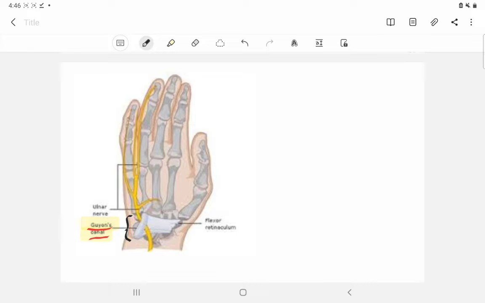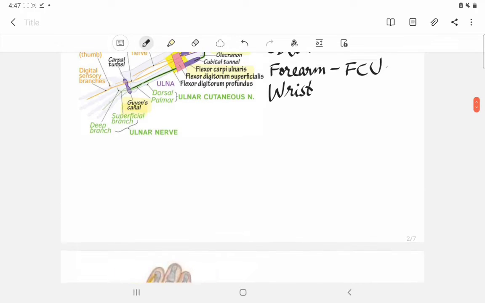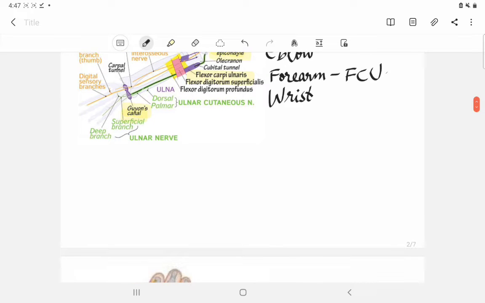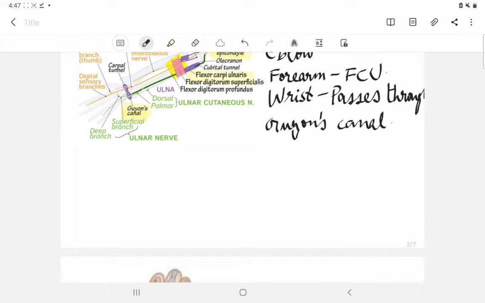In the wrist area, the ulnar nerve passes through the Guyon's canal before supplying the muscles of the hand. That's the most important relation in the wrist.